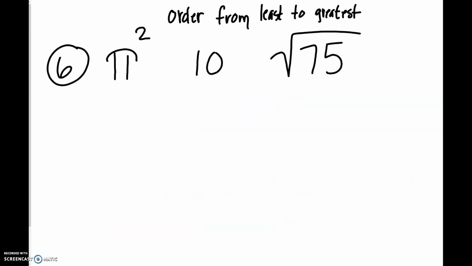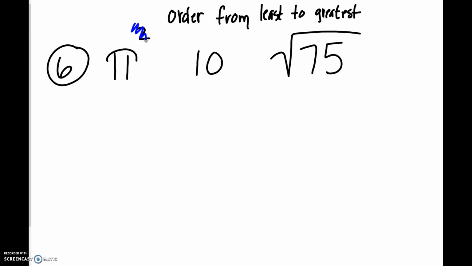All right, so we have 3.14 squared. So when we take 3.14 times 3.14, wow, they made these super close. These two decimals would be really, really close. So let's just get rid of that square. What's going to be bigger, pi or 10?